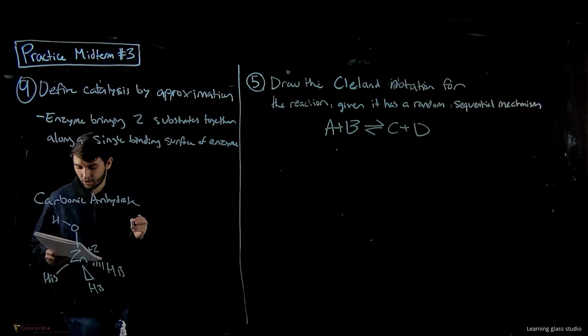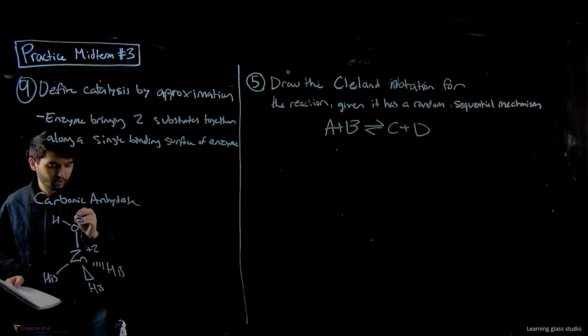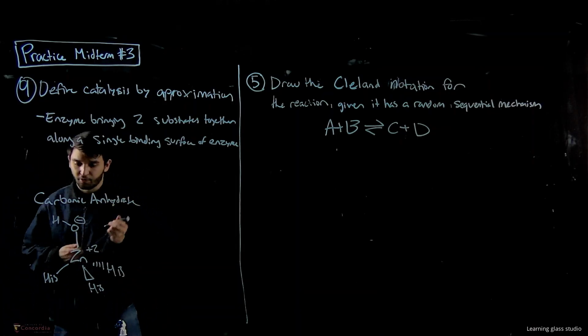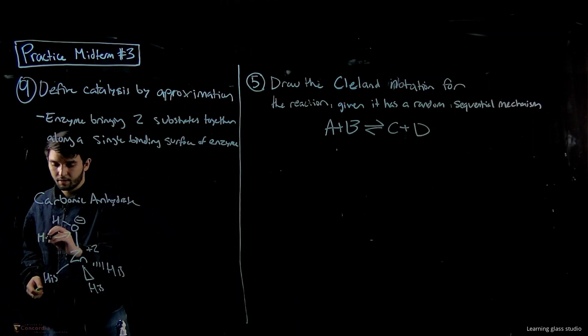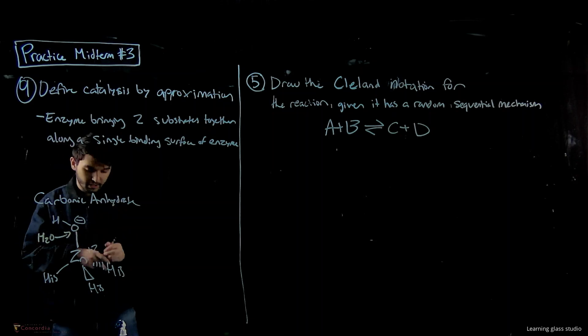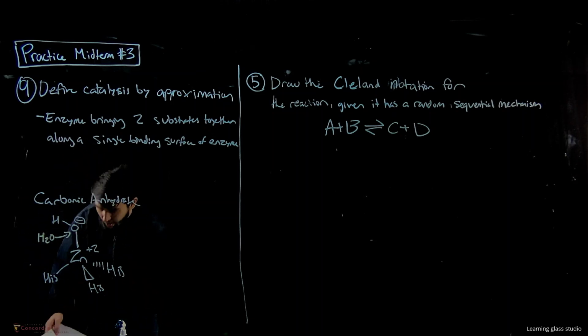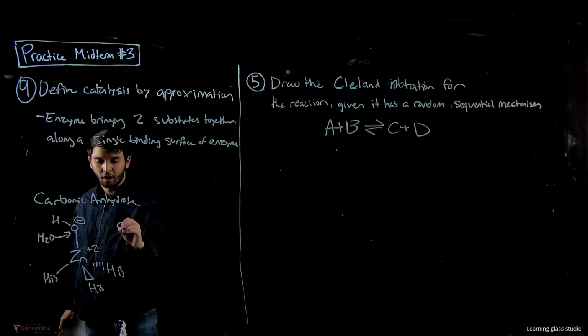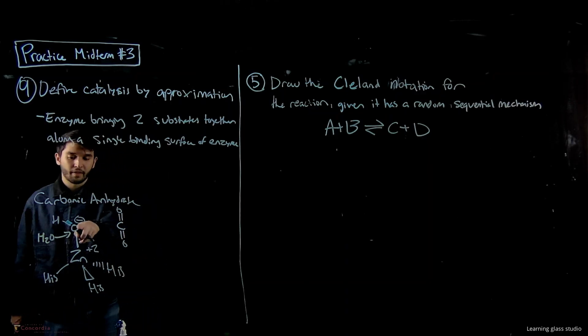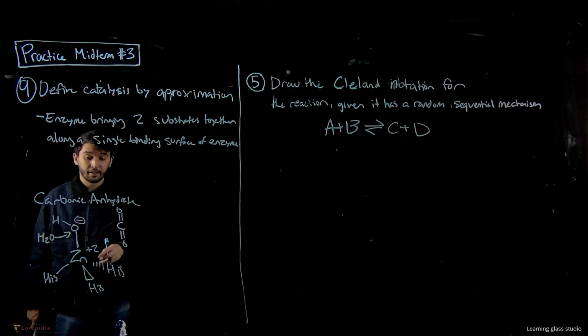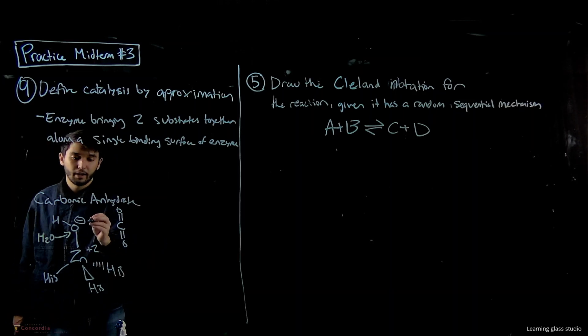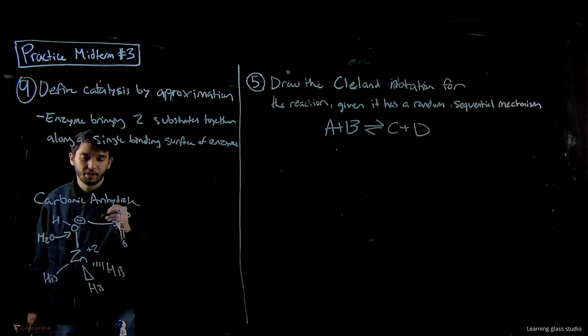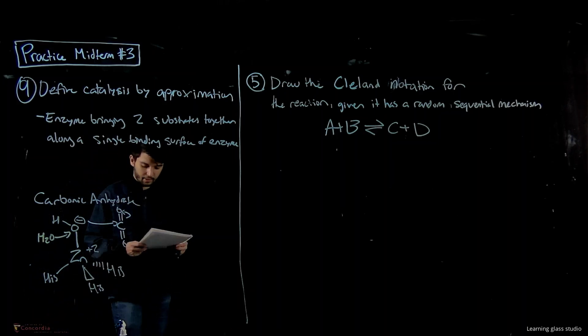So this OH here is from a water molecule, from H2O, but it's lost a proton and has gained a negative charge. And then what happens is carbon dioxide comes in, and now that this O minus is a good nucleophile, you can do a nucleophilic attack on the carbon, like that.